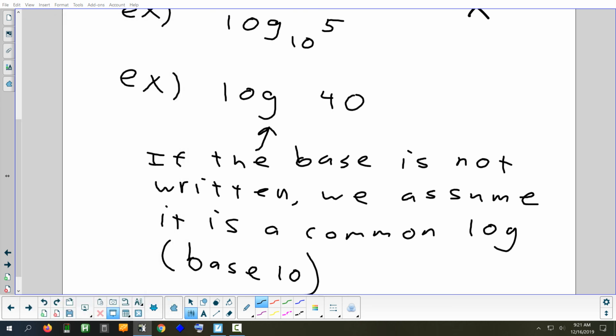So if I asked you to do something like log base 3 of 12, there is no button for base 3 on the calculator. There's base 10, there's base e. I'm not saying you can't type this in. You can, but I'm going to show you that some other time. Any questions on what a common log is? Just base 10.